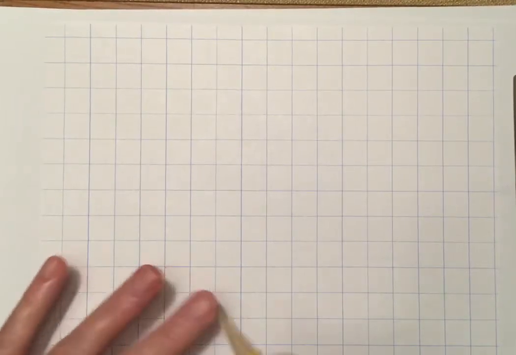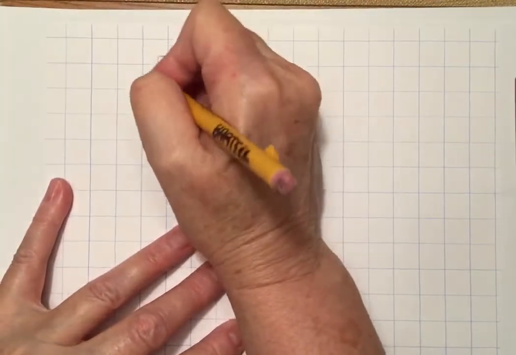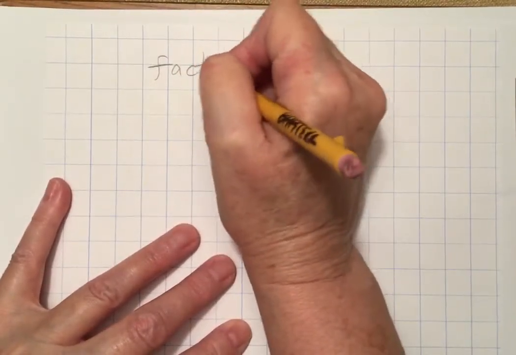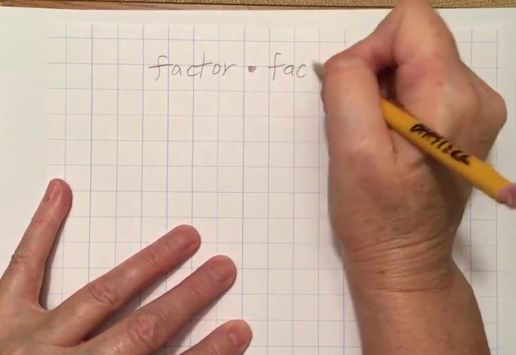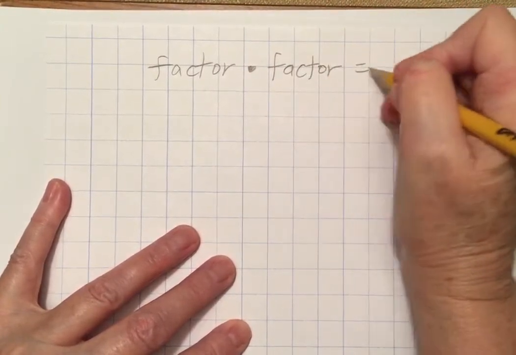All right, so the first thing I always have the kids write is that a factor times a factor equals a product. The reason I make you write that is so that you memorize that the two numbers you're multiplying are factors and that the answer is a product.